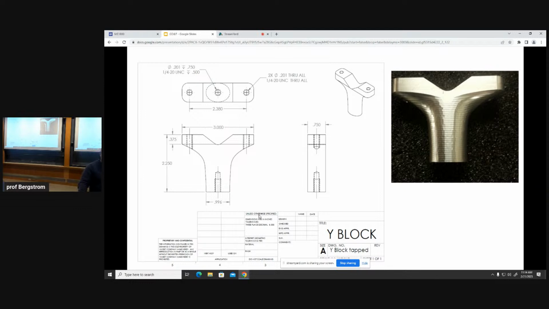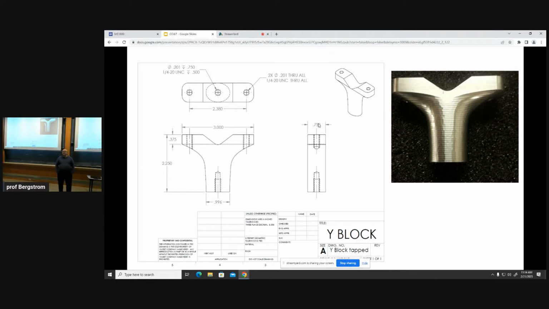If you zoomed in on the tolerance block down here, you'll see that it says 3 decimal places is plus or minus 5/1000 of an inch. So for this thickness I'd be willing to take 0.755 or 0.745. It's hard to go the other direction for me. It's easy to add, hard to subtract.